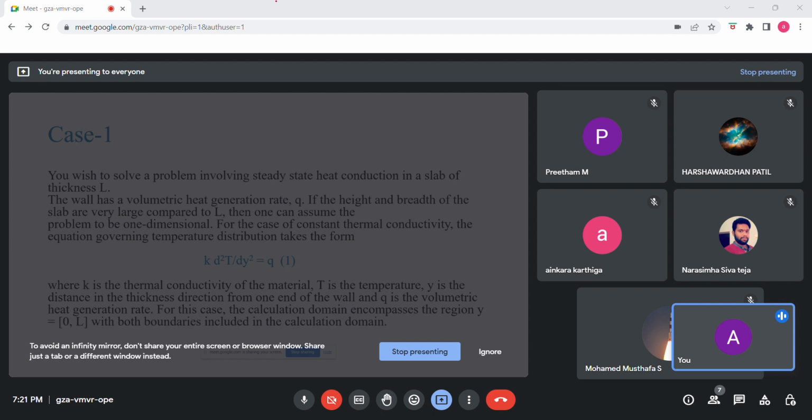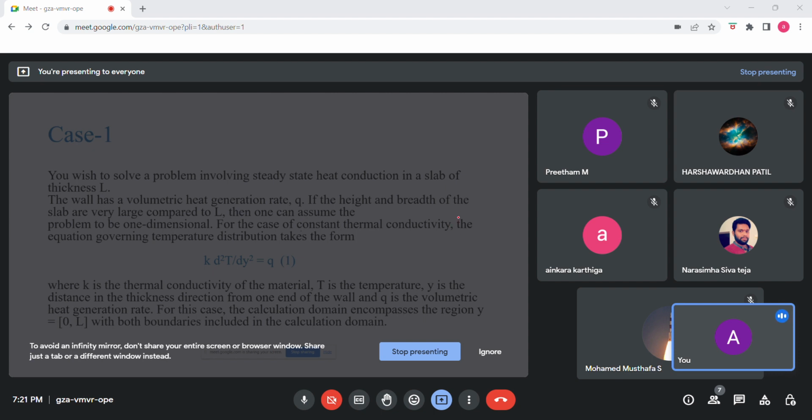So next, for the following 3 questions, we have one case where it is given that you wish to solve a problem involving steady heat conduction in a slab of thickness L. If the wall has a volumetric heat generation rate Q, and the height and breadth of the slab are very large compared to L, then one can assume the problem to be one-dimensional.